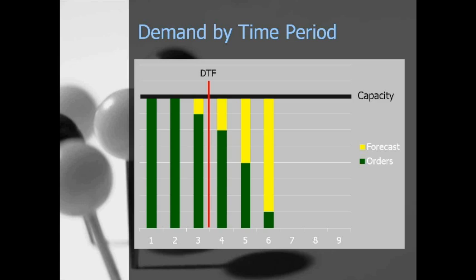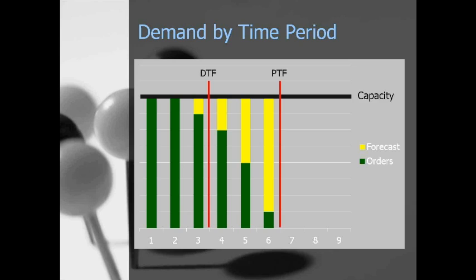the next 3 periods of time, periods 4 through 6, as we go out further in time, less of our capacity is consumed by actual orders, the green there, and more of our capacity is what we plan to do to support our forecasted demand. So over the next 3 time periods, our forecasted demand is about 50% of what we're utilizing our capacity for.